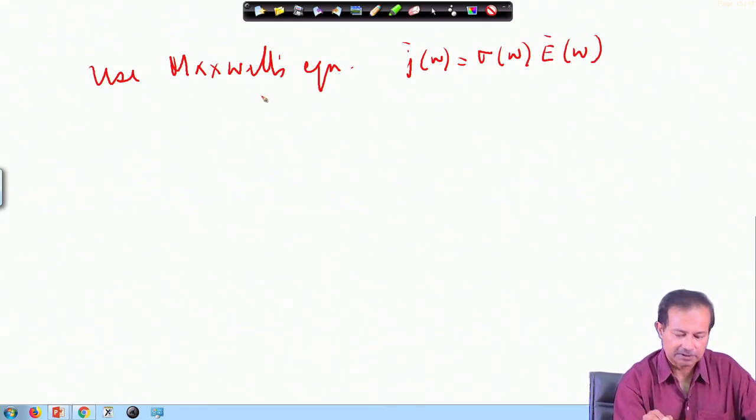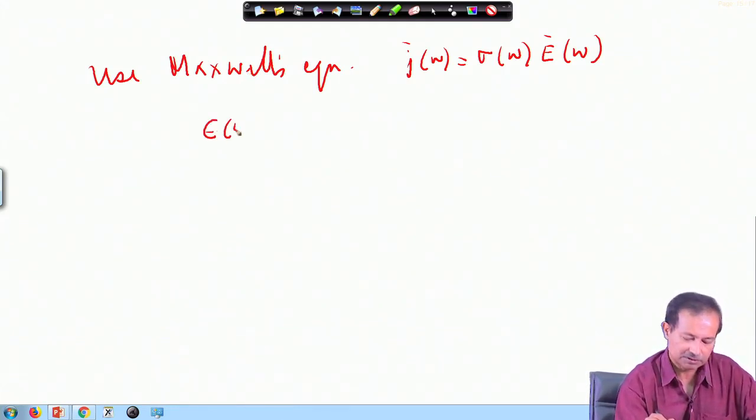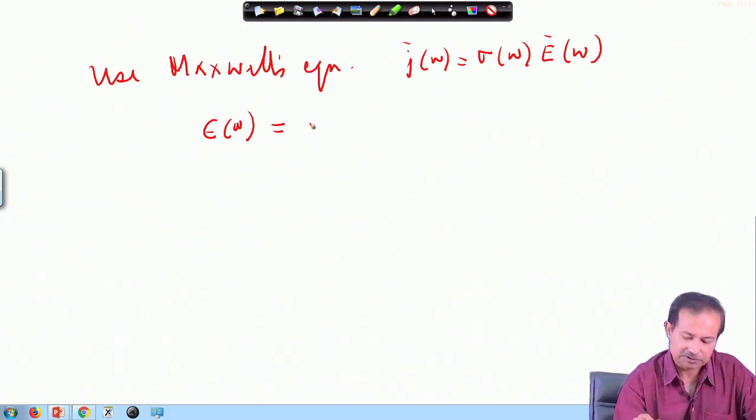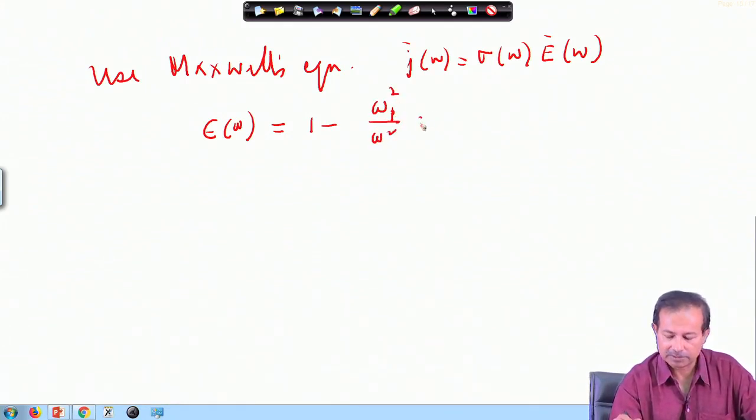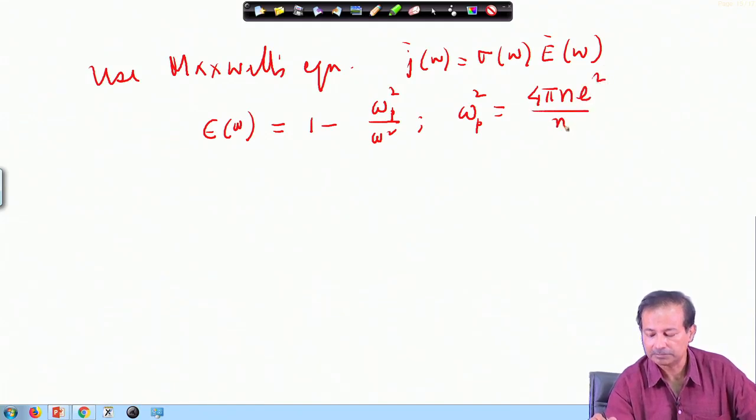Then you will find a very useful identity, which is the dielectric constant, our good old dielectric constant, which is now 1 minus omega p square by omega square, where omega p square is 4 pi n e square by m.